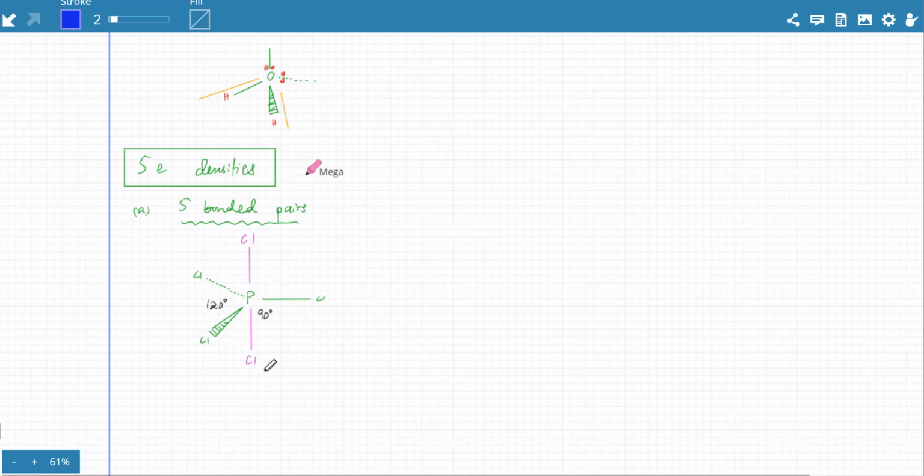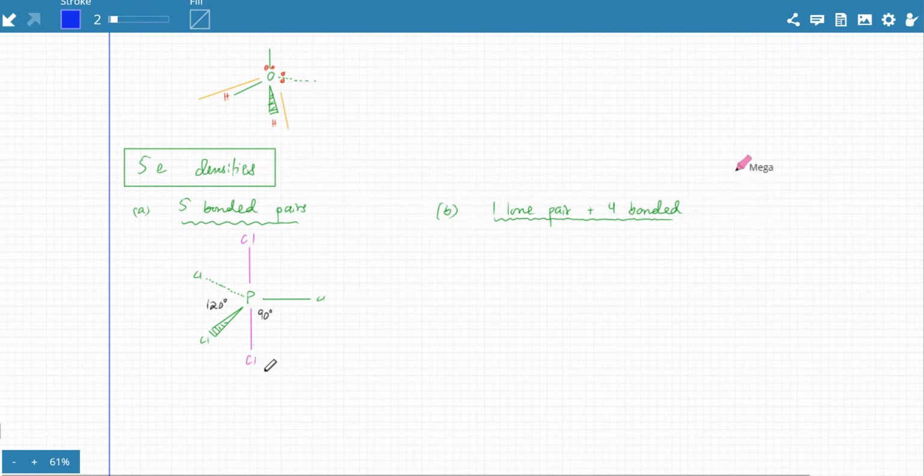That's the next version of the same molecule, part B: if you have one lone pair plus four bonded pairs of electrons, right?